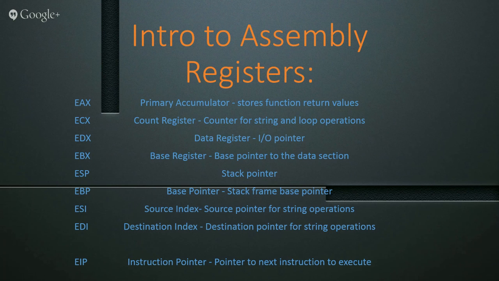It's primarily used for mathematical functions, so adding, subtracting, XORing, ORing, ANDing, any of them. ECX is the count register for string and loop operations. They all have their own purposes, but apart from ESP, EDI, and EIP, they are all primarily general.